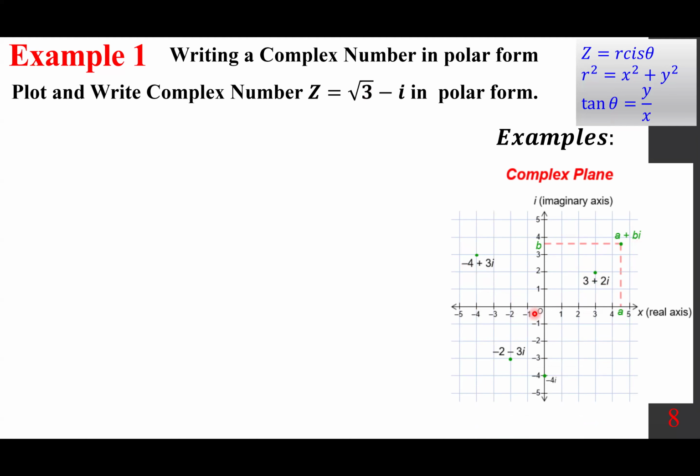So we go square root of 3 to the right. Square root of 3 is about 1.7. Minus 1i, so 1 down. So this is the location. As far as plotting the point is concerned, it's very simple.